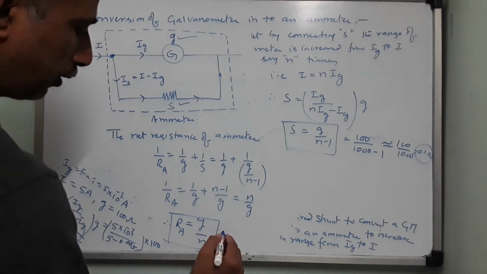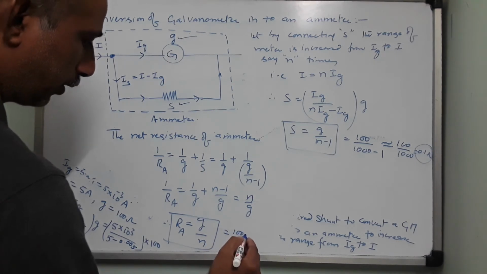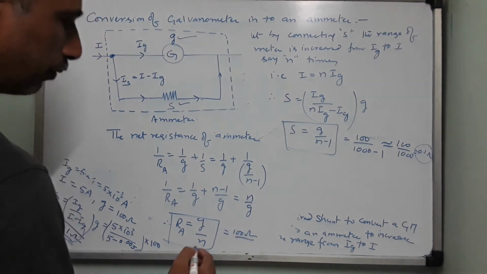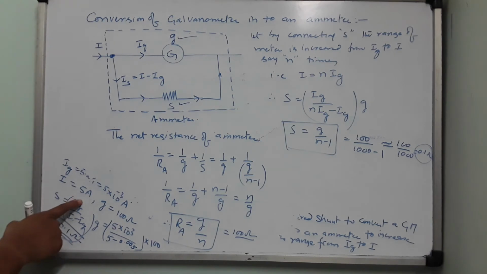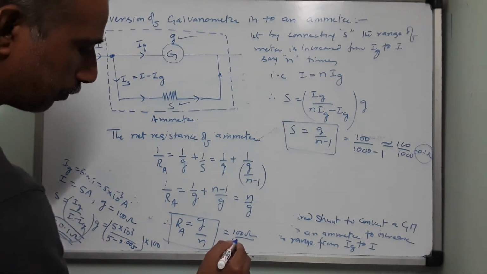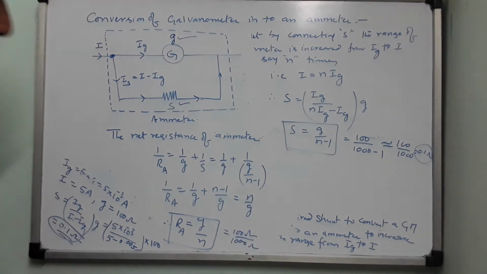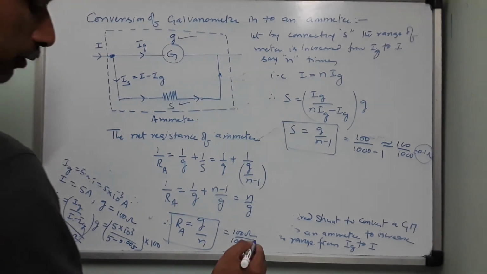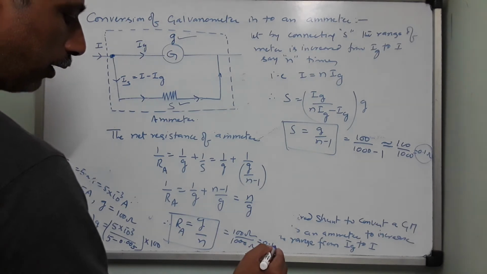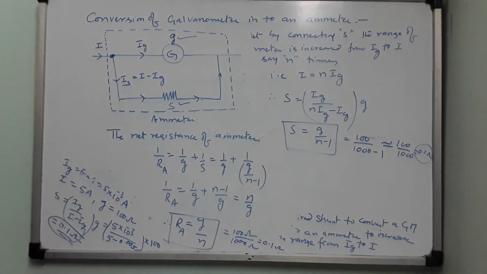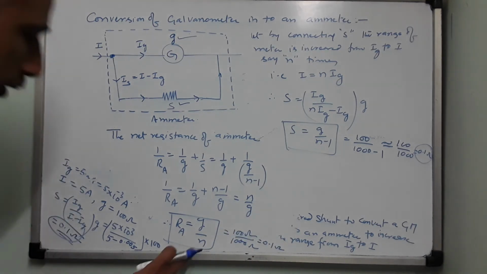G is how much, children? 100 ohm for this problem. n is how much? 5 into 10 power minus 3 to 5 ampere, 1000 times. So how much will you get? 0.1 ohm. Sorry, this is not 0.1 ohm, children.